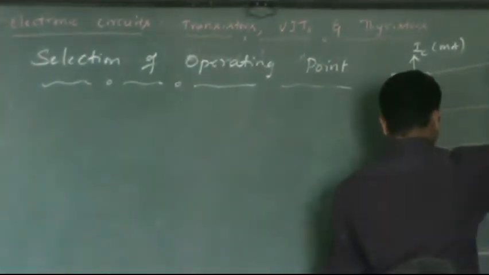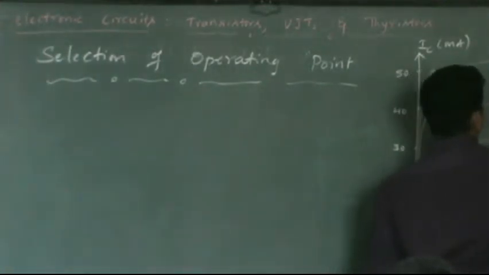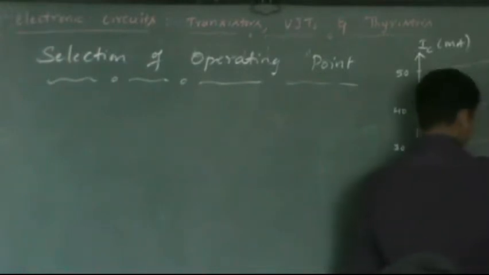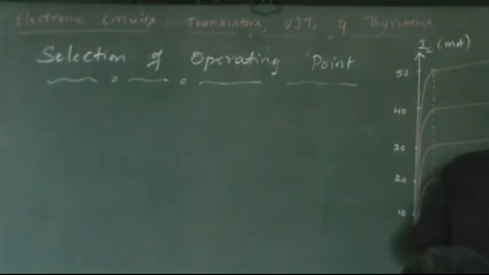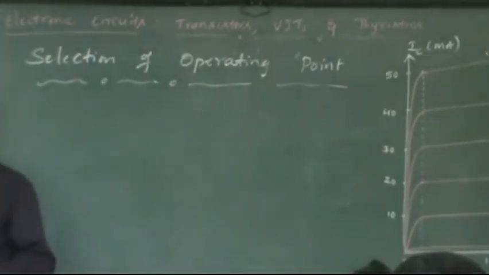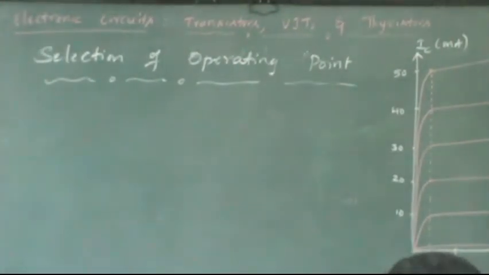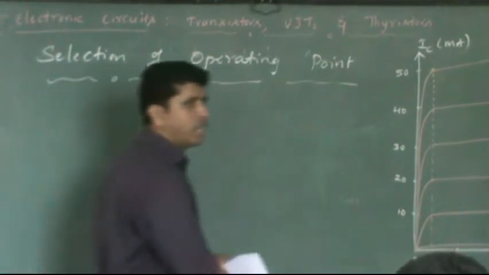The power dissipation curve, I am showing here with dotted lines. How do you plot the power dissipation curve? You must calculate the power across the transistor. You just take the product of collector-emitter voltage and current.